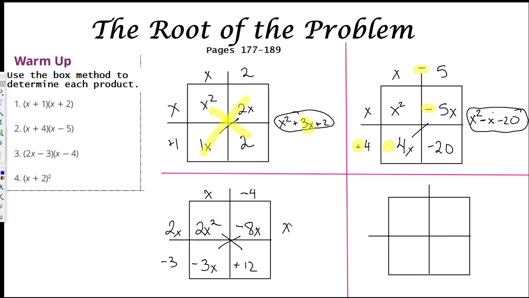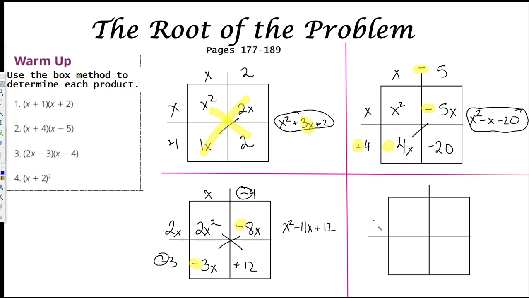And so we have 2x squared, and then negative 3 minus 8 is negative 11x plus 12. So even though both of these were negative, the last one is positive because when you multiply two negatives, it comes with a positive. So you can have the negative middle term and still have a positive product. That just means you're multiplying two negatives.